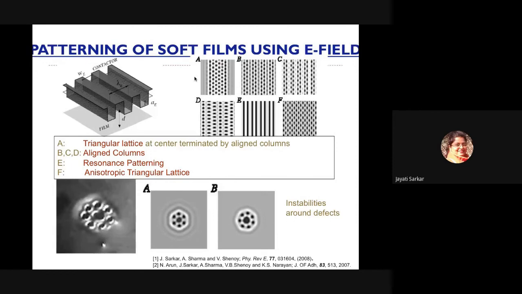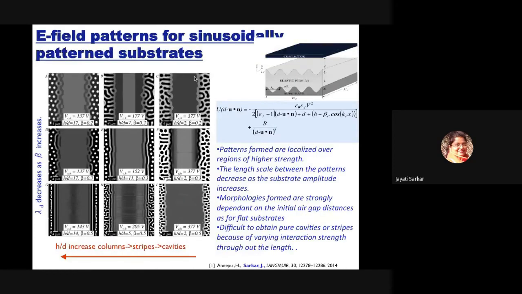So now the question that came was that we could get very good order with an electric field, but then what if we have a patterned substrate and an electric field? With the patterned substrate we could understand that the stiffness of the film changed laterally, and with the patterned contactor you could change the electric field intensities in the lateral direction.